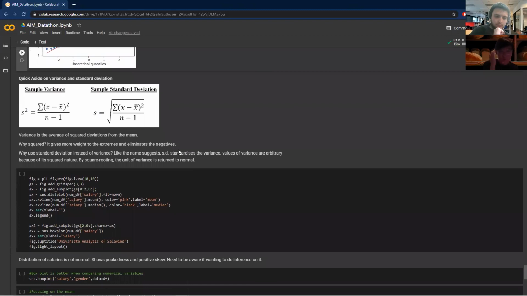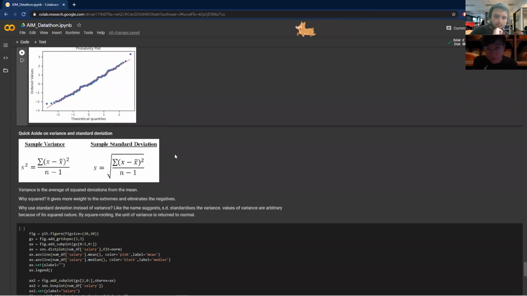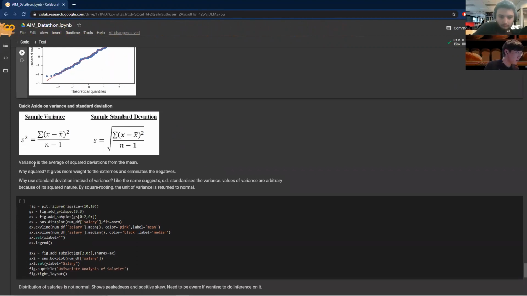So on that, I just want to do a very quick aside on variance and standard deviation. Because variance and standard deviation are very important, but I feel like a lot of people have a hard time understanding them sometimes. So variance is, very, very simply, the average distance of every point from the mean.